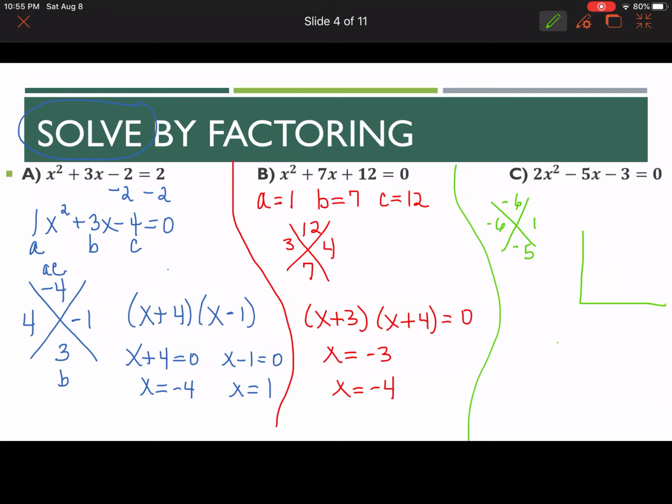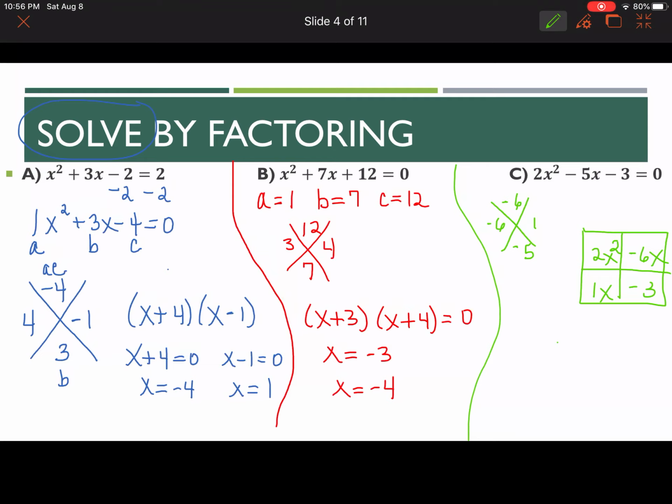So I'm going to create my box. So I'm changing it to a 4-termer. The 2x squared has to go here, and the negative 3 has to go diagonal. And you fill up the other two squares with negative 6x and positive 1x.